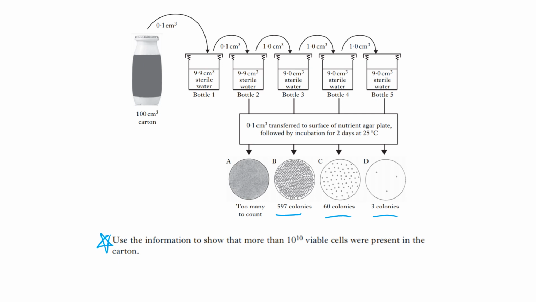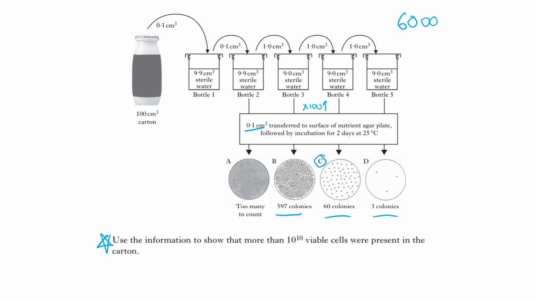I'm going to go from plate C because plate C is the one that has between 30 and 300. So we had 60. 0.1 out of 10 was used. So going backwards, 0.1 out of 10 is times 100.